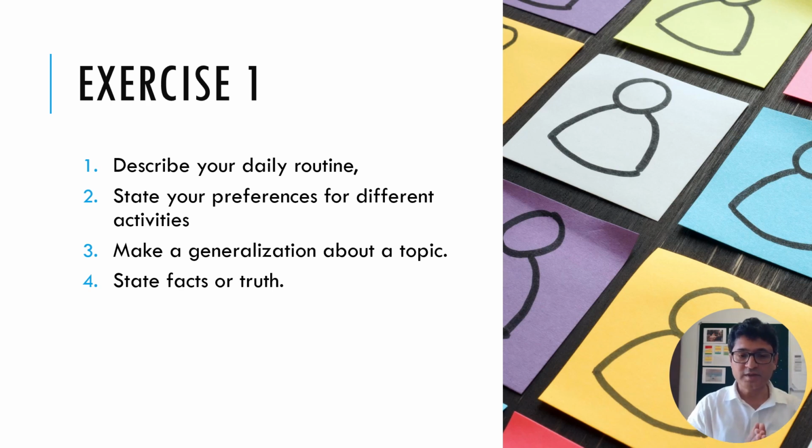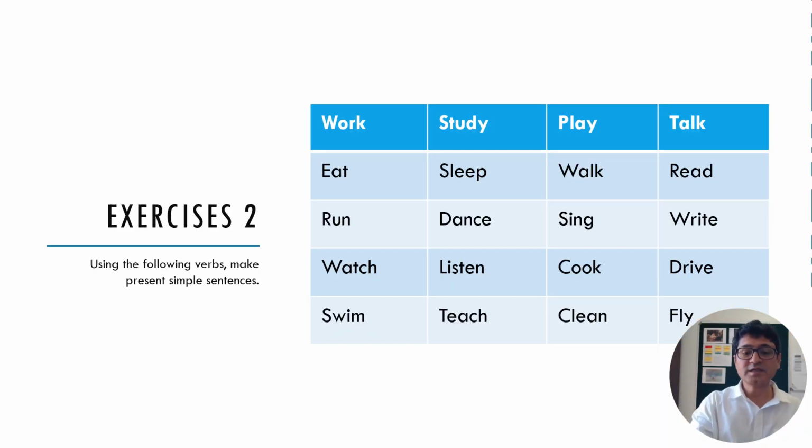And third is make a generalization about a topic. Think of a topic and express a general fact. Then talk about state facts or truth, any state, any condition which never changes, right? So these are exercises. As I said earlier, you can write them in the comment box below, or you can send them to me on my social media platforms that I'll be showing you in the last slide.